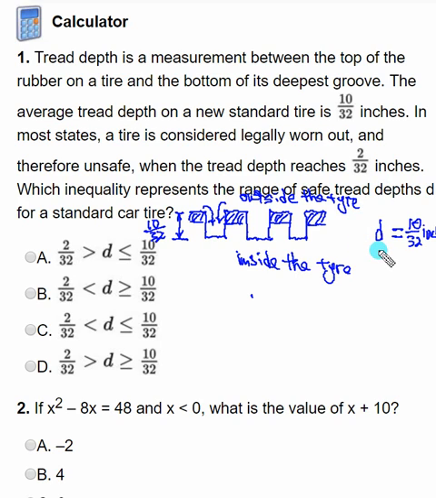So over time, D will be less than 10/32 inch as you use it. Combining these two, you get D less than or equal to 10/32.